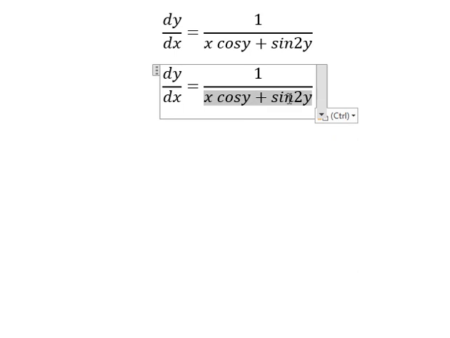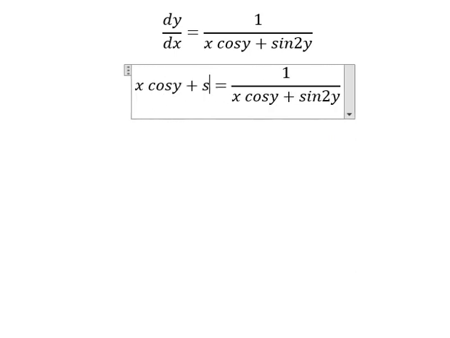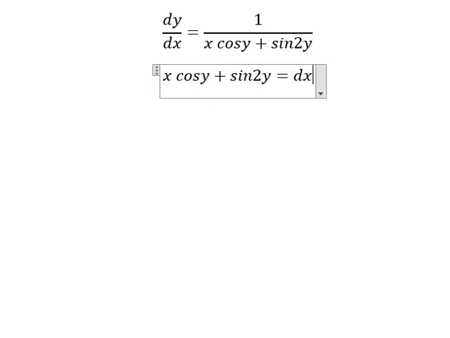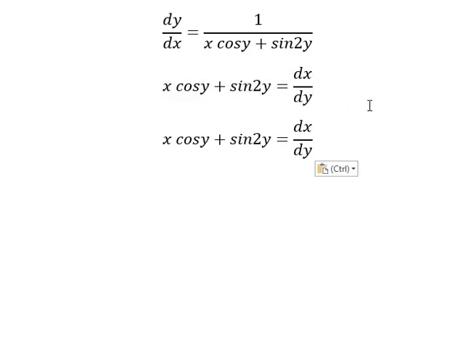I will put this one go to the left, this one go to the right, and we have like this. Next, I will put this one go to the left, sine y go to the right.